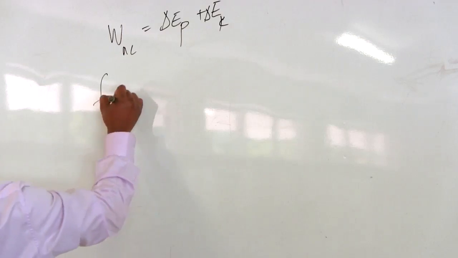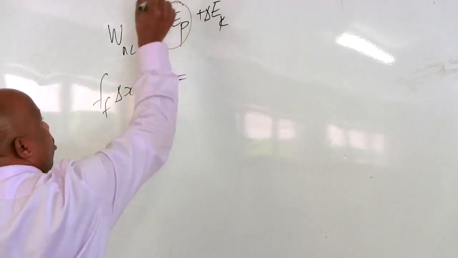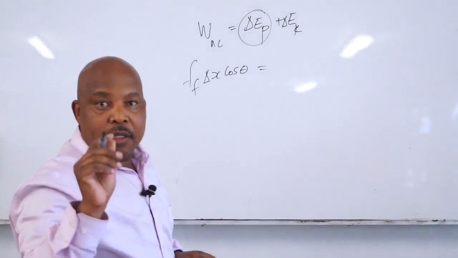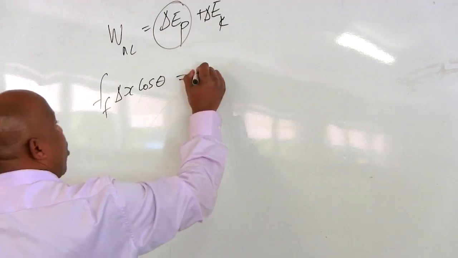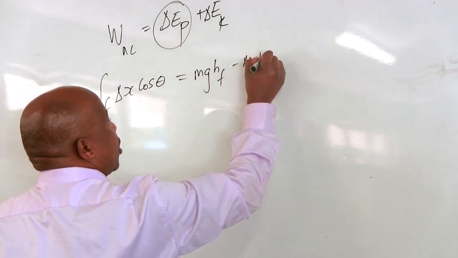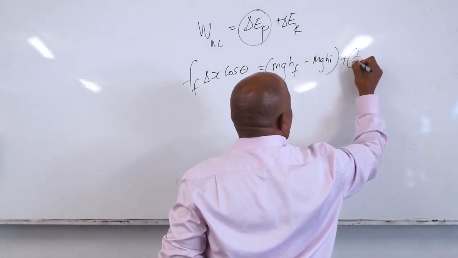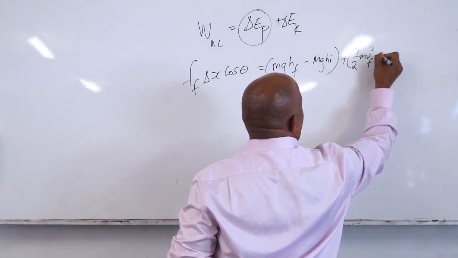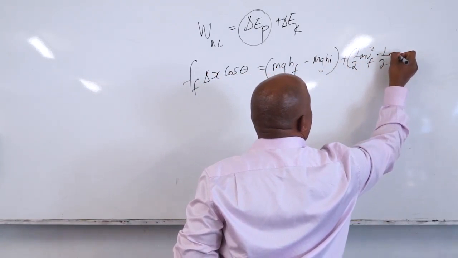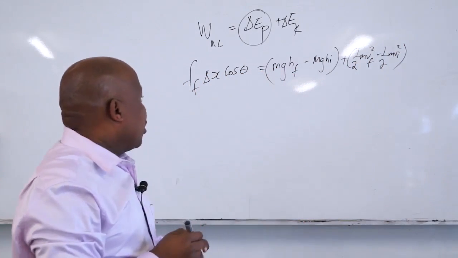It's also frictional force, delta x cos theta, plus delta EP, that is potential energy. You have mgh final minus mgh initial plus half mv squared final minus half mv squared initial. This is the scenario that you have.